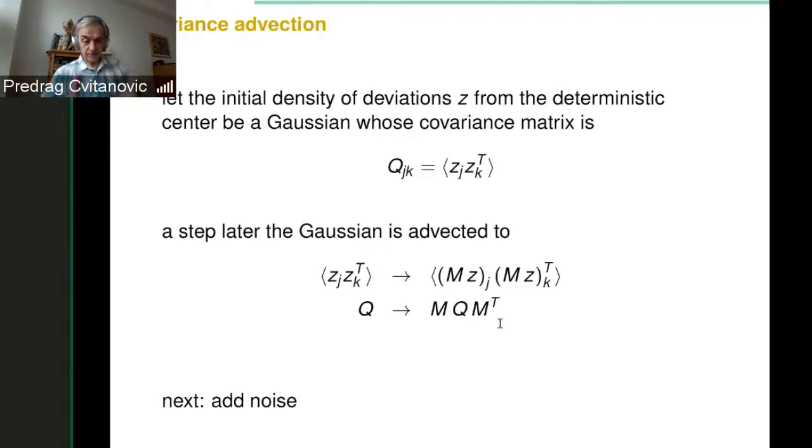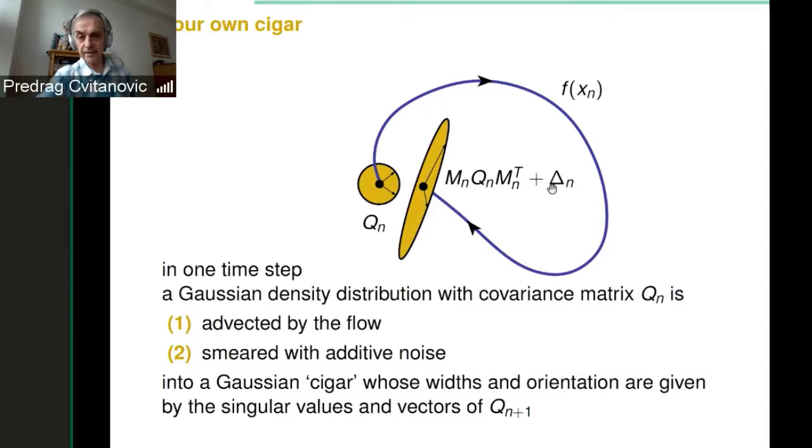Now, I do this, and then I kick it. That's called noise. And I kick it by my rule, how I want to kick it. For example, I kick it either up and down, but not so much to the left and right. So that's some other matrix.